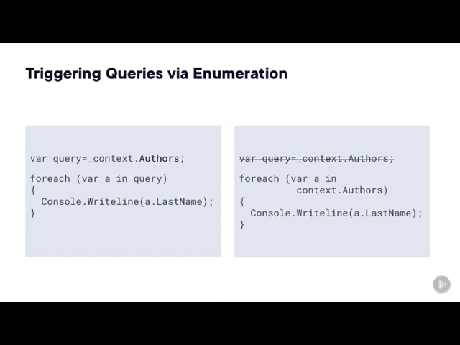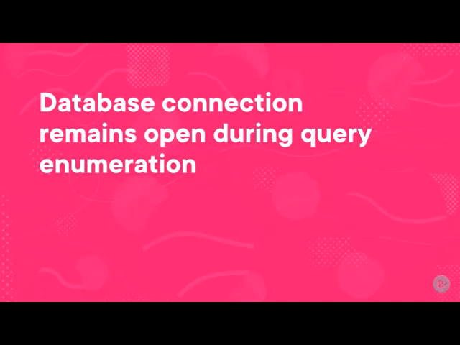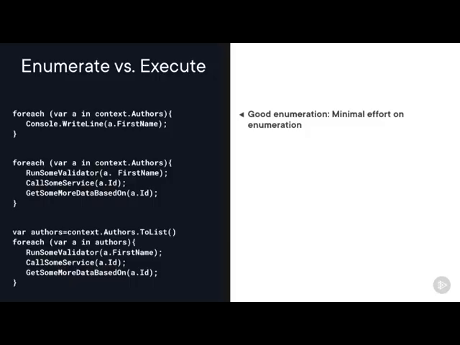But there is a really important performance consideration to be aware of if you're depending on enumerations to go ahead and retrieve that data for you. At the beginning of that execution, the database connection gets open, and it will stay open until the enumeration is complete and all of the results have been streamed back. In some cases, that's perfectly fine.